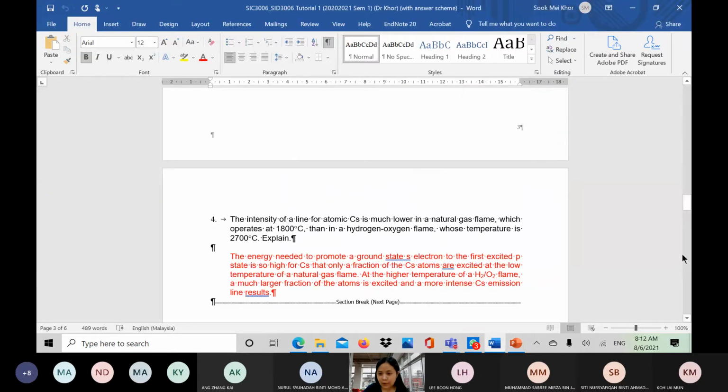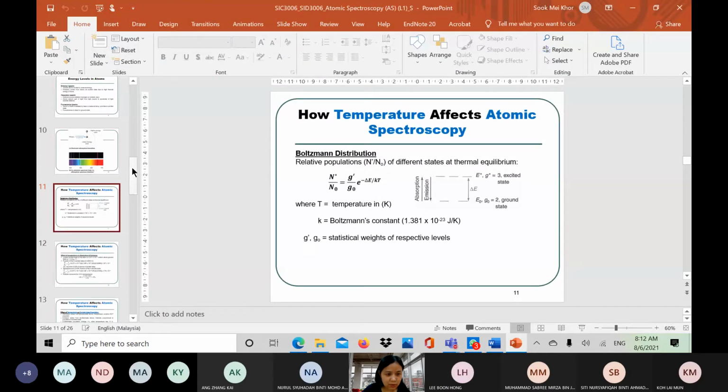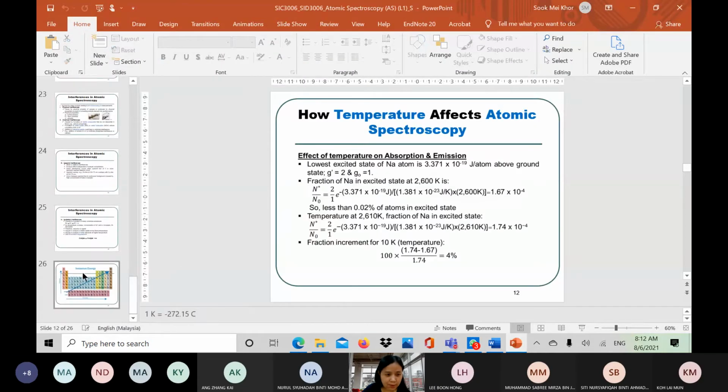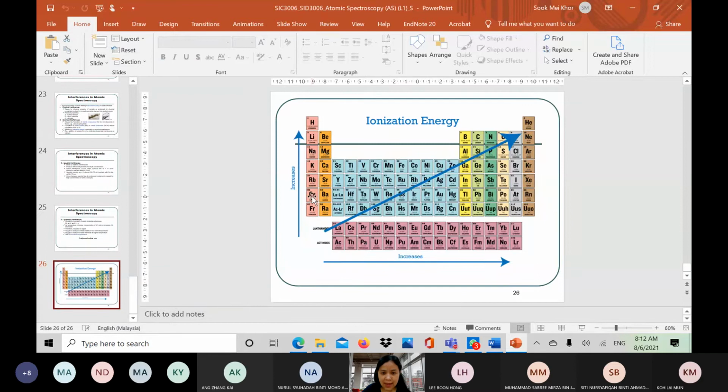For this question, the energy needed to promote a ground state electron: cesium is a group 1 element. Even though cesium needs low energy for atomization and excitation, it still needs a certain amount of energy to get excited, right?